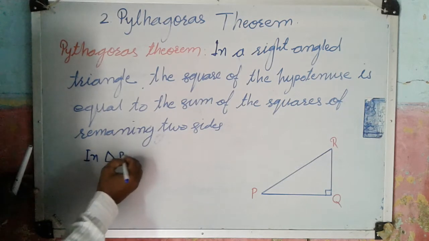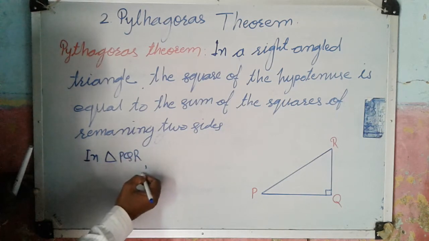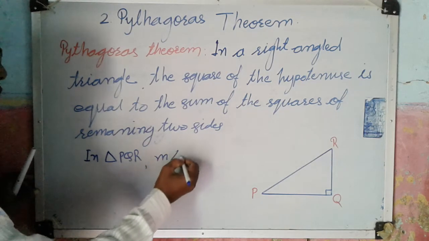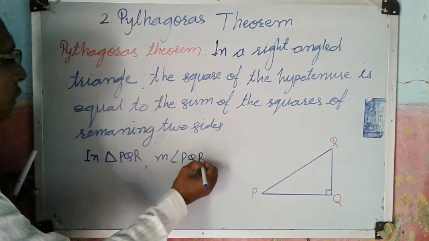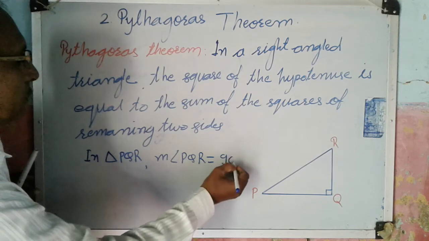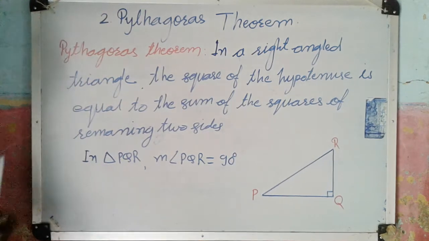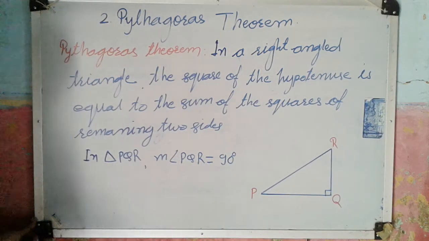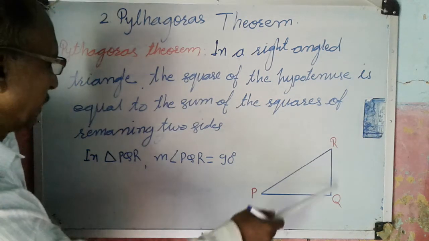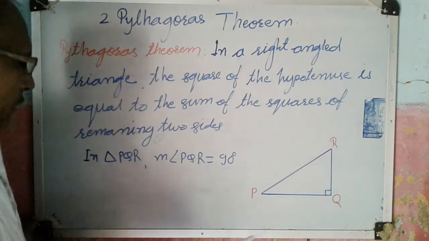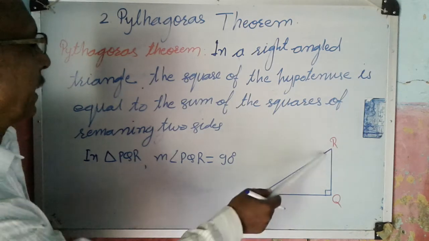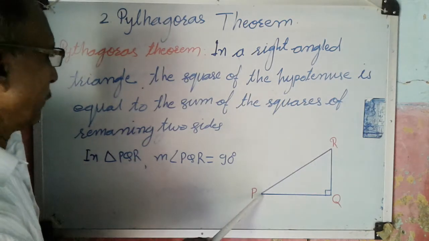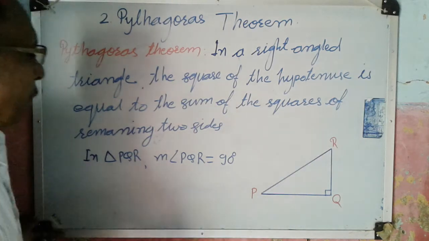In triangle PQR, measure of angle PQR is equal to 90 degree. That means this is a right angle triangle, and the side opposite to right angle is hypotenuse. That means here PR is the hypotenuse.